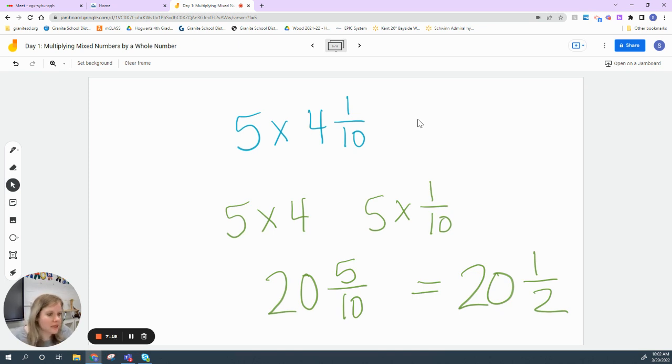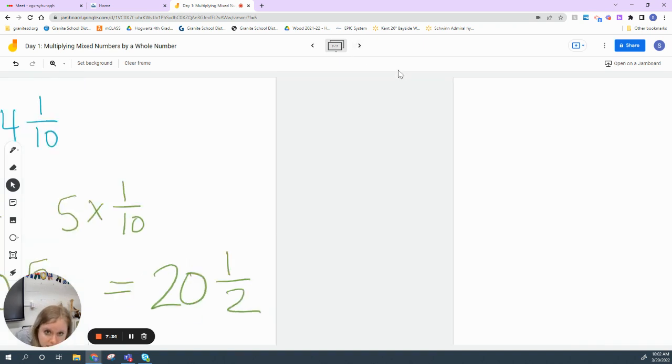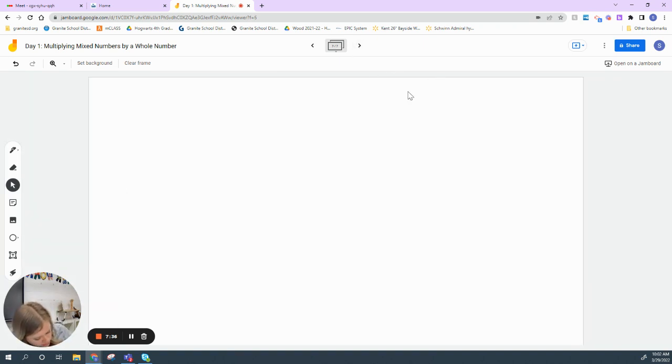the biggest thing that we need to remember when we're doing this is that we're just separating our fraction, a whole and a fraction, and then we're multiplying it by that number in front. So if the problem was written like this, 2 and 1/6 times 3, does it change anything?